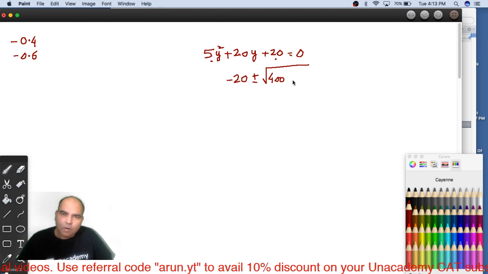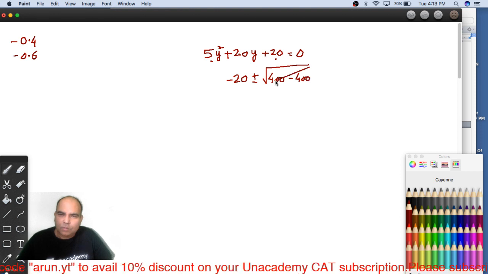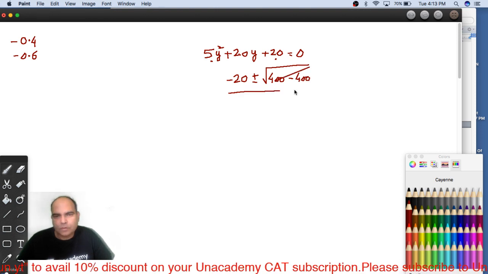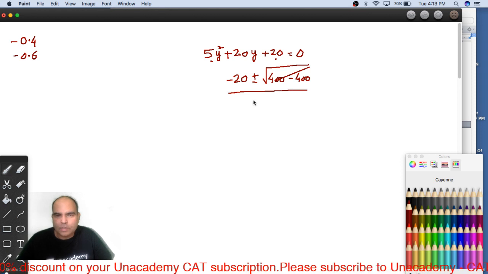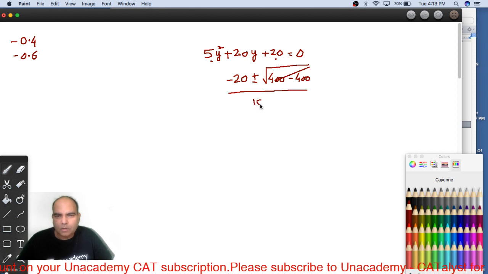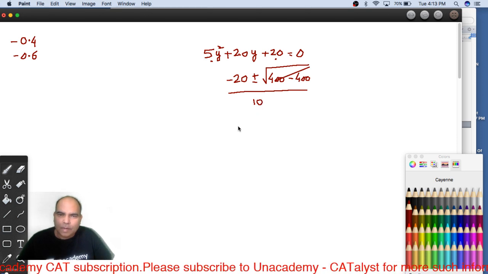So minus 400. So effectively this part of the roots gets deleted upon 2a. So upon 2a is 10. So if you look at this, the value of this root is minus 2.